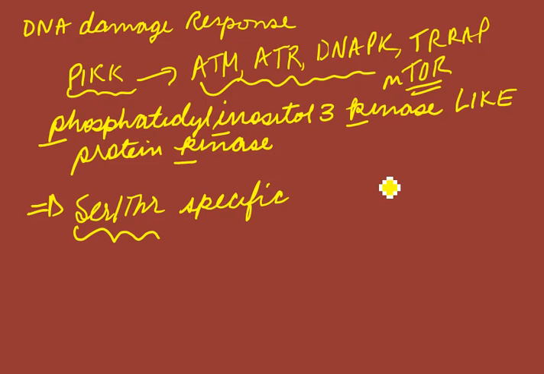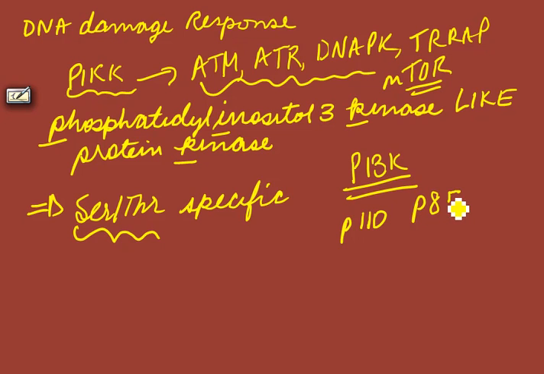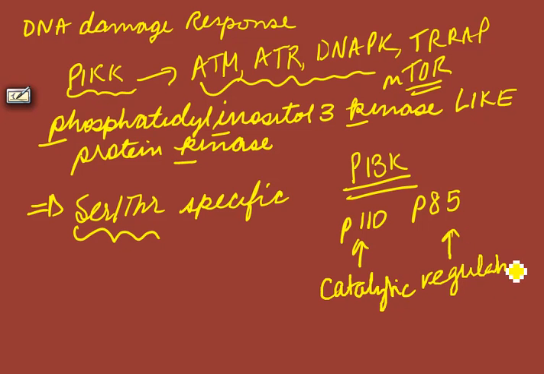Now, like I said, these PIKKs are like PI3Ks. So if we just review PI3Ks, you may remember that they have a p110 subunit and a p85 subunit. The p110 subunit is the catalytic subunit, and the p85 is the regulatory subunit.